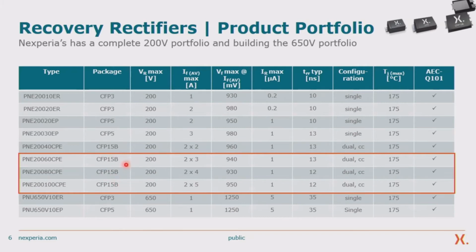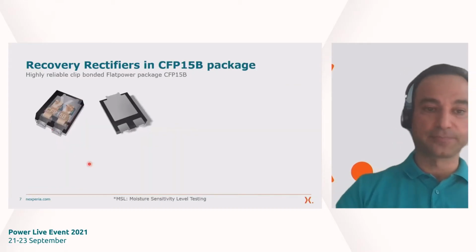They come in the CFP15B package, and they are all qualified according to AEC-Q101 with a maximum junction temperature of 175 degrees C. But the CFP15B package can offer much more, and this is what I would like to discuss on the next slide.